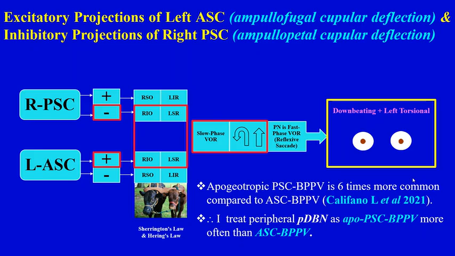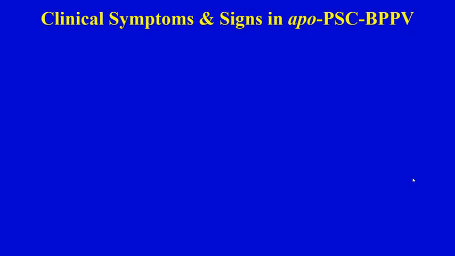The rule of thumb is that if it is a peripheral positional downbeat nystagmus, you have ruled out a central cause from a pathology in the posterior fossa, especially the nodulus and uvula and the CVJ. If a positional downbeat nystagmus does not respond to a Yacovino maneuver done once, it is for all practical purposes not anterior semicircular canal BPPV.